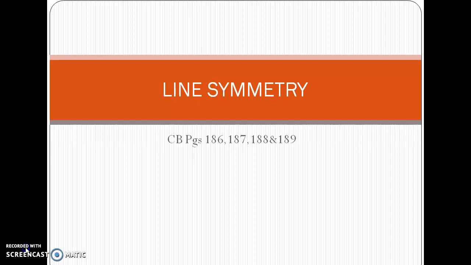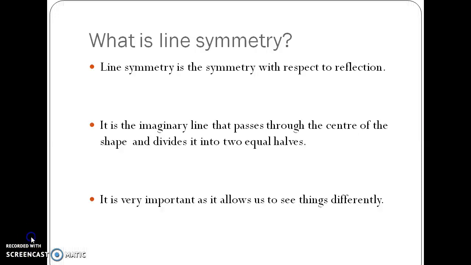So to begin with, first, we talk about the line of symmetry and its definition. So, what is this line of symmetry or line symmetry? It is the symmetry with respect to reflection. So now, just imagine any other object you can take. Maybe you take a square.